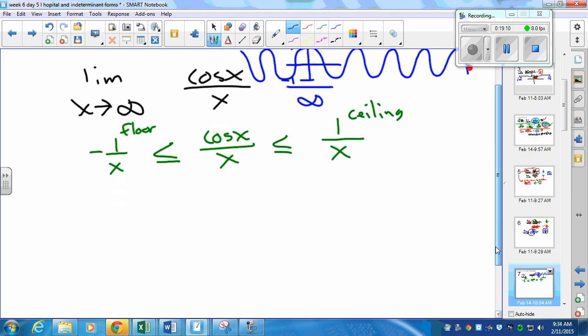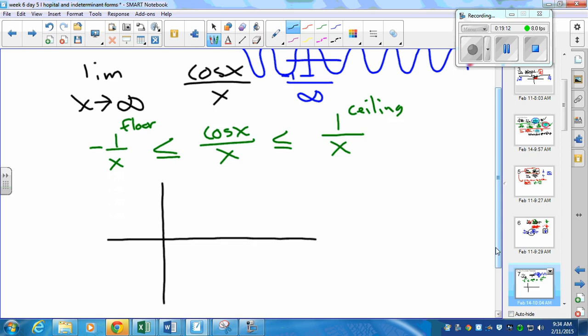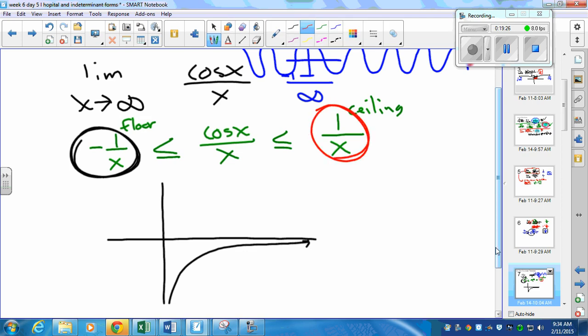And if you wanted to graph this, let's take this version. Negative 1 over x looks like this. And let's take this guy. 1 over x looks like this. And all I know about this guy is that he's pinched.